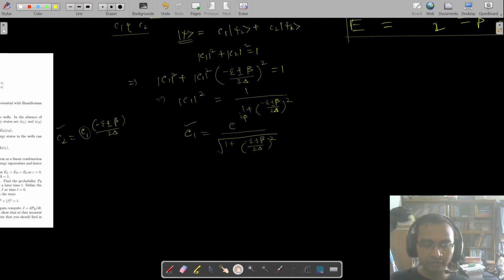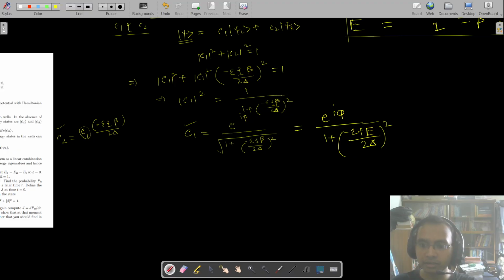So let's deal with that first. Let's simplify C1 and C2. So C1 is this. So for the plus value, we have plus beta, which is basically E, right? 2 delta squared. We'll go for that.